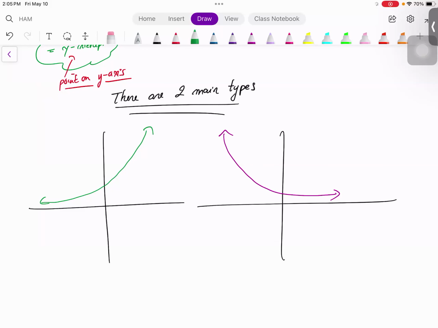Like one declines, one decreases. Growth function and decay function. Does it ring any bell? Decay. I will tell you that in real life we actually use this decay. So there are only two main types: one is growth function, and the other is decay function.